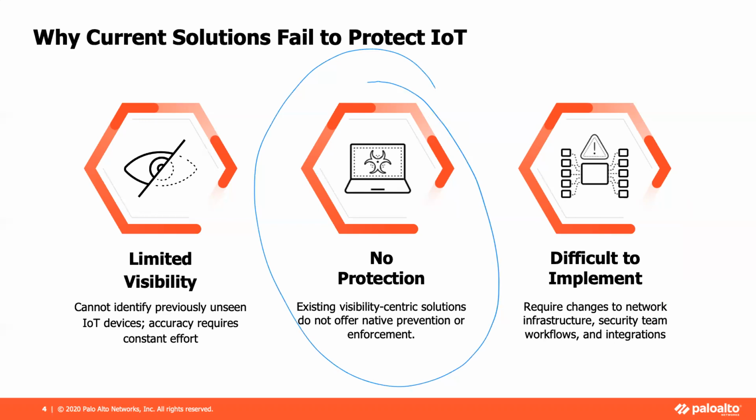So you think of them more as things that will show you indicators of compromise, or intrusion detection devices, not protection devices. So really, if you can't see it, you can't stop it. And on top of that, if it's very difficult to implement and requires changes to network architectures and things like that, it just becomes really hard to do.